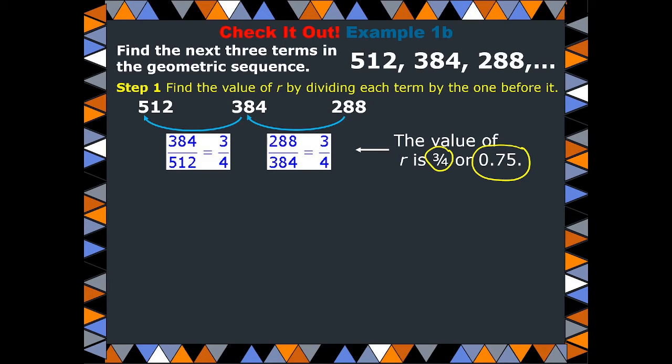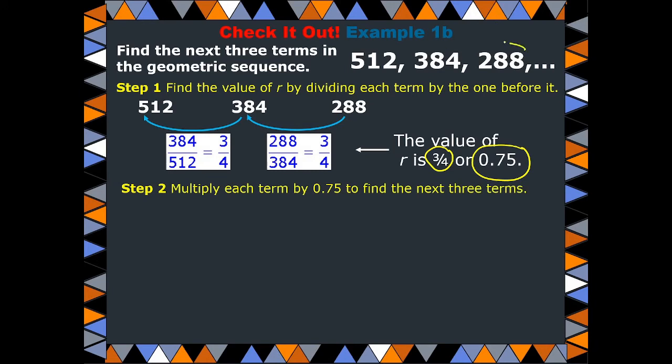Instead, I'll be using the fraction form. But if your decimal is terminating, meaning it has an end, like 0.75, 0.5, 0.2, you can make use of the decimal form. So in this example, I'll make use of 0.75.